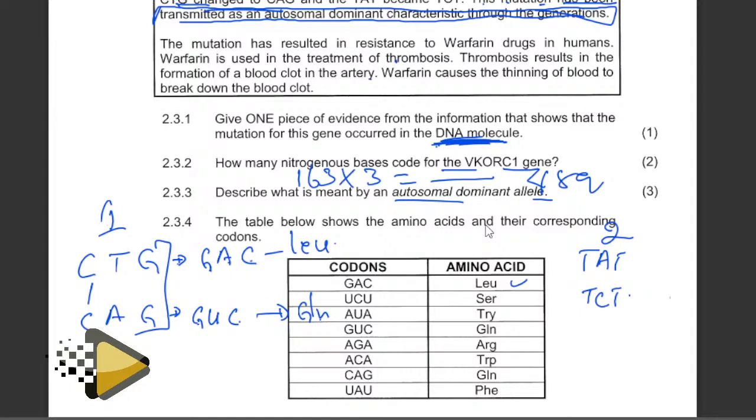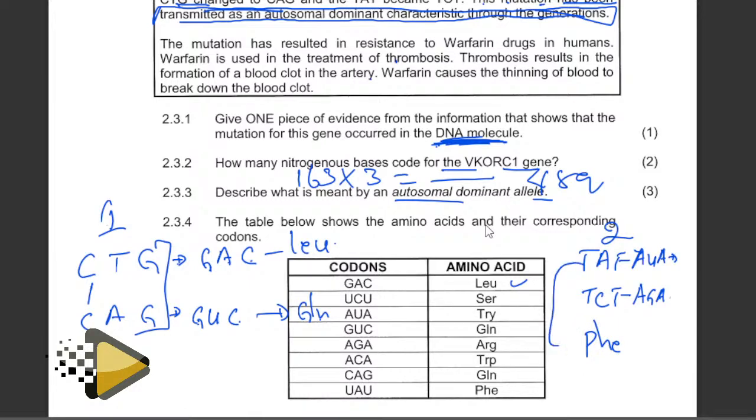Yes. Now, what about this? Let's convert this. It's going to be A, U, A, and then this one is going to be A, G, A. So what does this one indicate? AUA is phenylalanine.